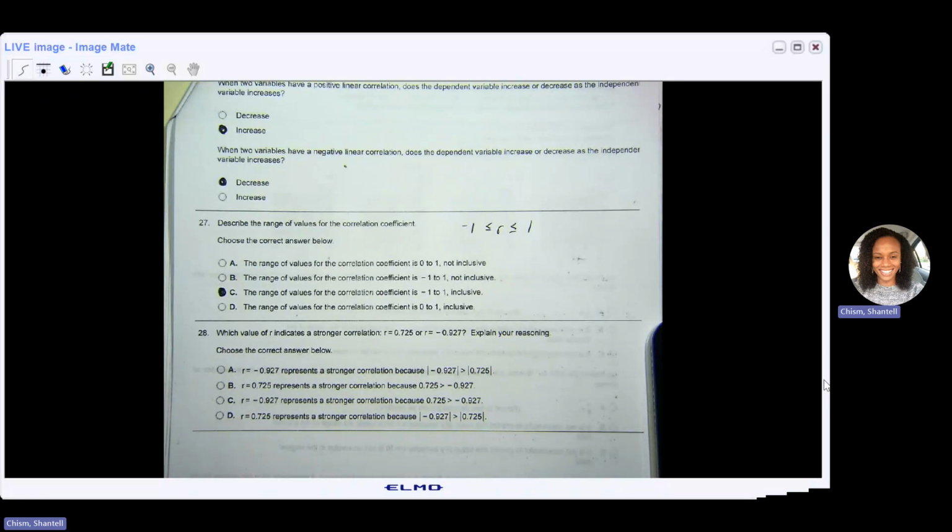When you're interested in strength, you focus on the numerical value, so basically just ignore the negative sign. R equals -0.927 represents a stronger correlation because if you take the absolute value, this one is bigger than that one. So that would be A.